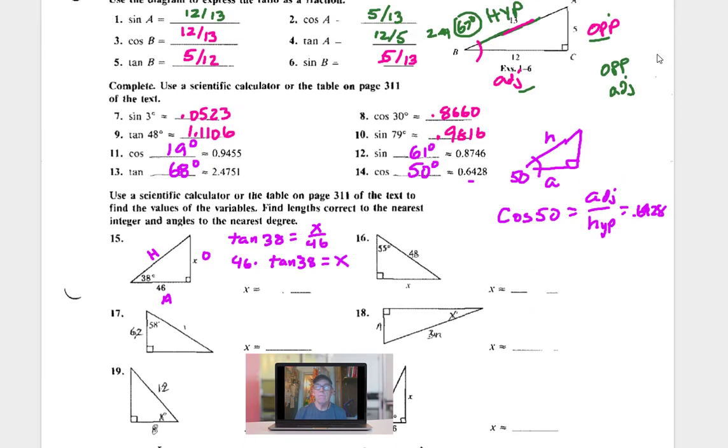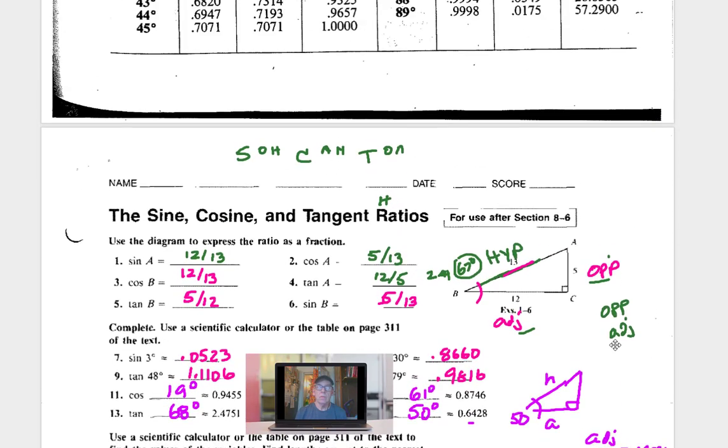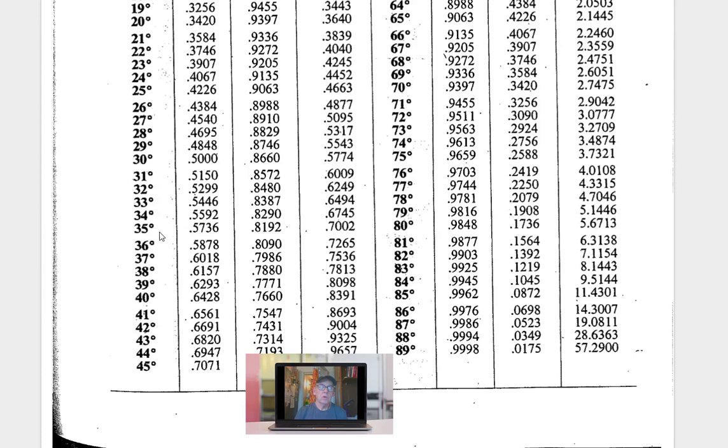Now, we want to get x by itself, multiply both sides by 46. 46 times the tangent of 38 is equal to x. So you need to go to the table, find tangent of 38 degrees. So here's 38.